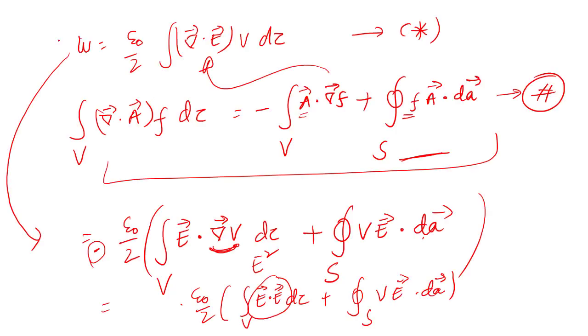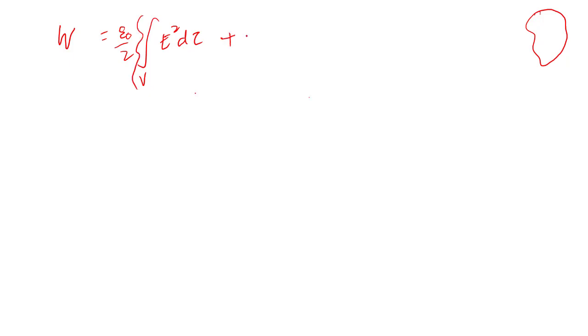So then I can write the total energy of assembling the charge distribution. Remember that we're looking at the energy of a charge distribution, right? I can write it as epsilon naught by 2 times the volume integral of E squared d tau plus the surface integral of V E dot dA.